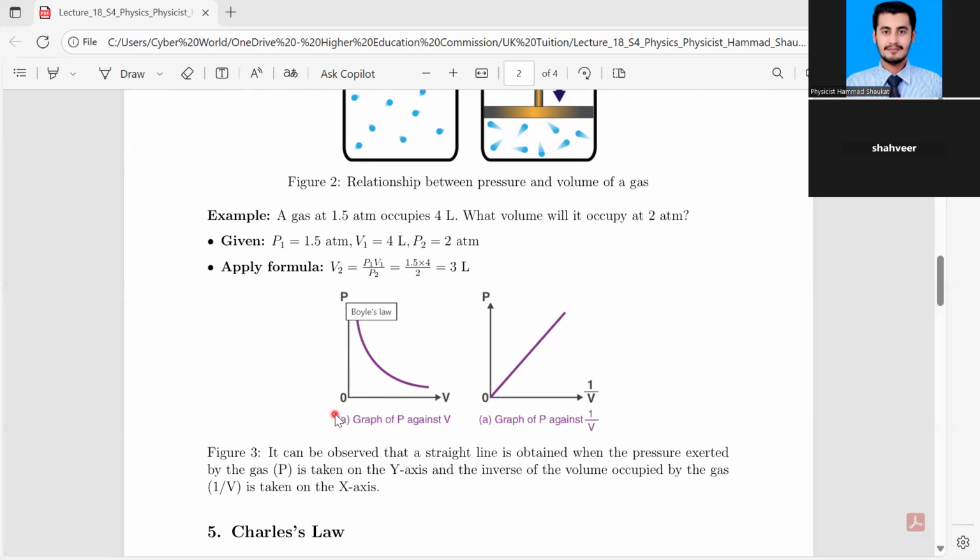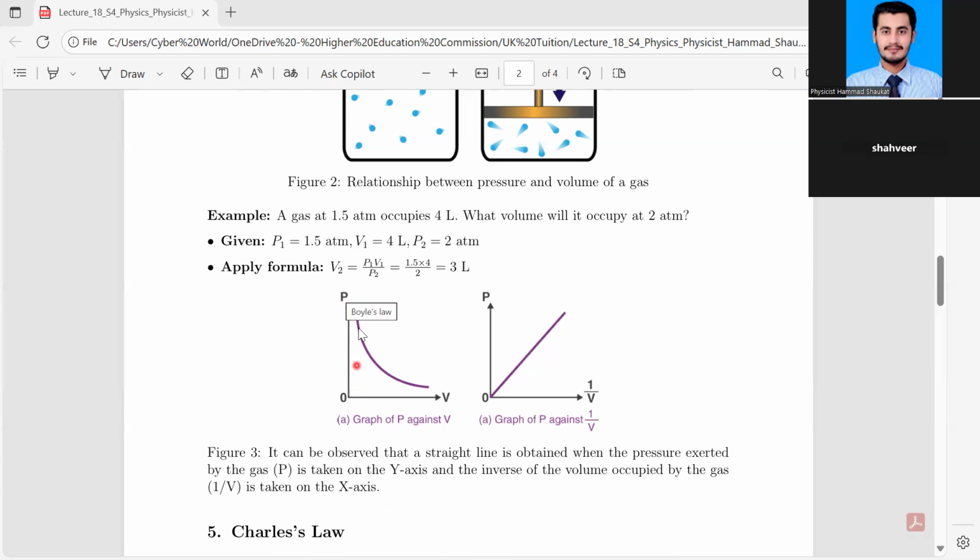Do you know this? Volume is the independent quantity, and pressure, which depends on volume, is taken on the y-axis.